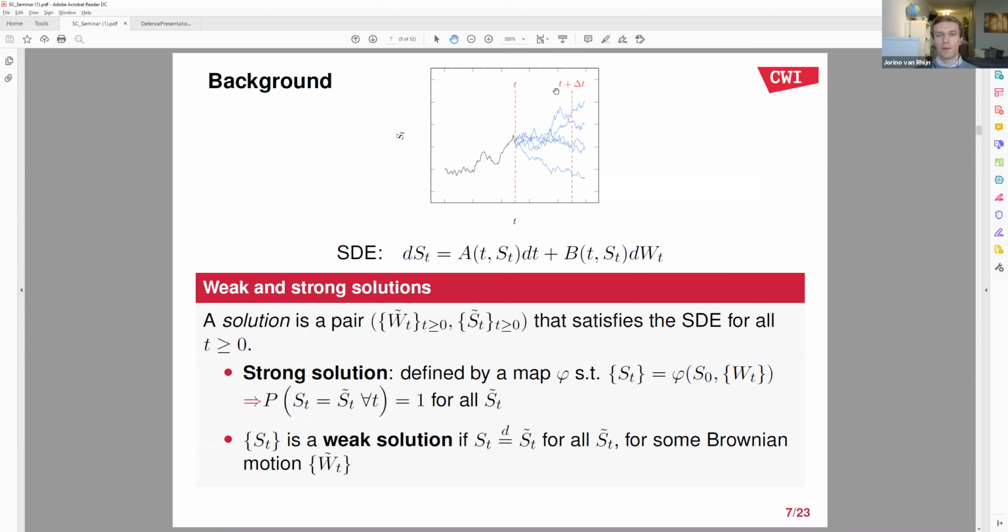So for our problem, if you look in the picture above, that means that if we are interested in the exact value of the blue lines, if the blue lines are the exact solution, the strong solution, then we should look point by point at t plus delta t if our solution approximated with a neural network matches that process. But if we're only interested in a weak solution, all we have to do is match the distribution at time t plus delta t. So those are the two different features of SDEs that we'll be looking into.